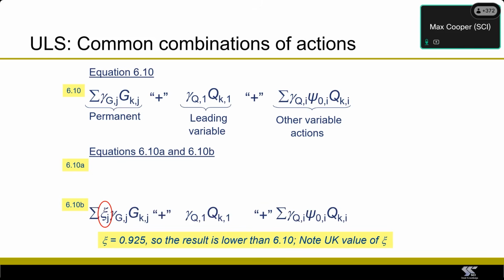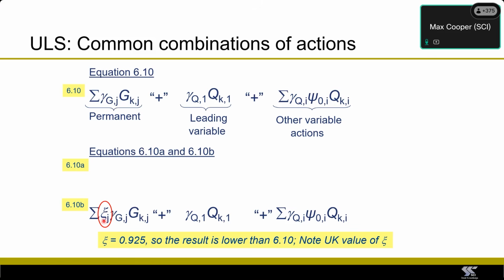If we now look at the difference between 6.10b and 6.10, the variable actions are all identical on the right-hand side. The only difference between 6.10 and 6.10b is the introduction of this xi factor. The xi is a factor that reduces the permanent actions, the dead loads, and we take this from the UK National Annex, and it is a value of 0.925.